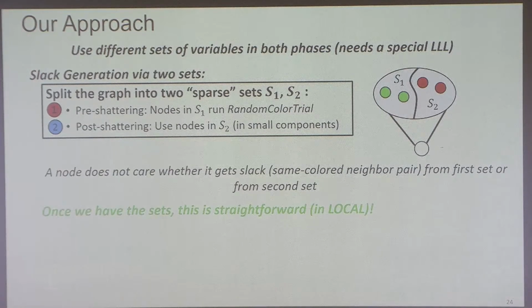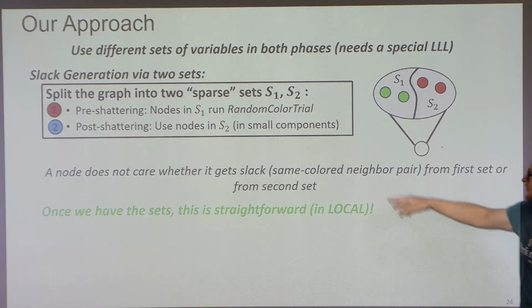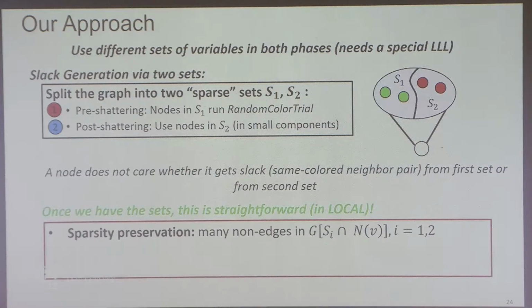Once we really have these sets, this is really straightforward in the LOCAL model, because we can use this off-the-shelf solver for these small components, and there's not much that we need to do here. But the question is, how do we get the sets and what do these sets have to satisfy so that all of this works? This is why I'm presenting this here.